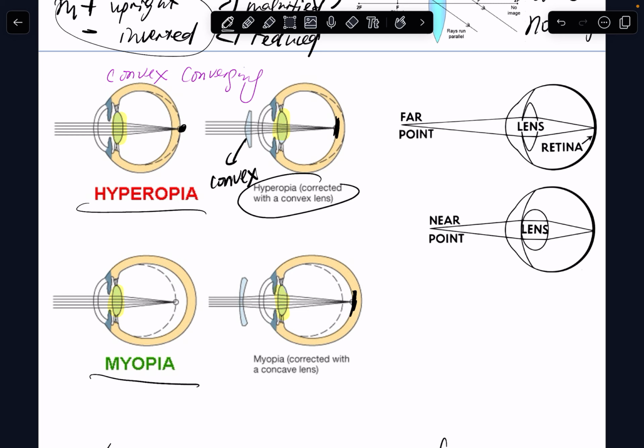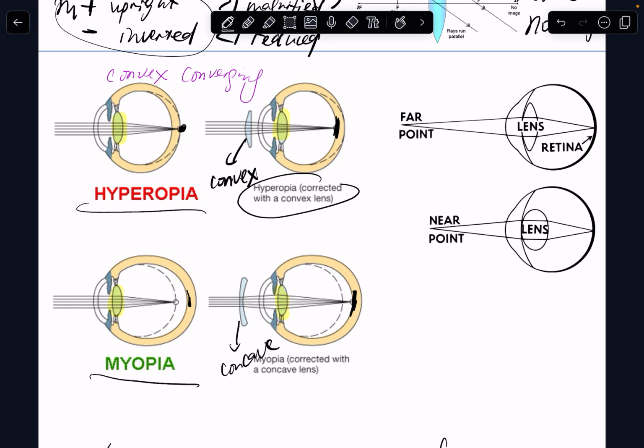And then myopia, the nearsighted, is that the lights converge too soon. It hasn't got to the retina yet. So you use a concave lens, okay? This is a concave lens, that's your eye contacts or your glasses, right?